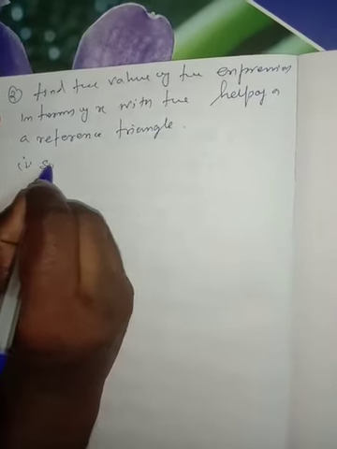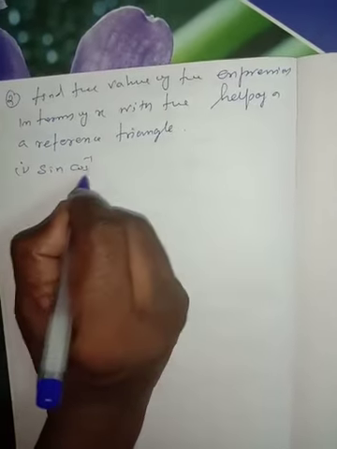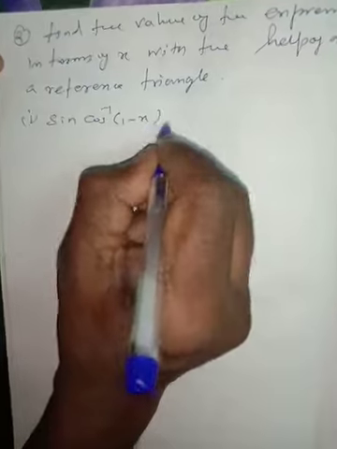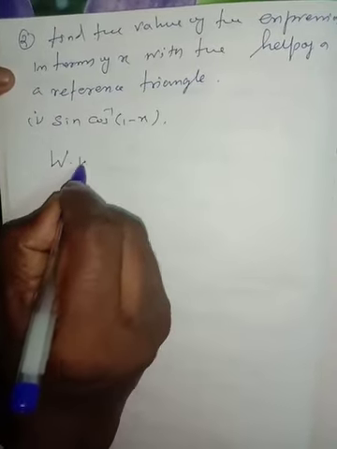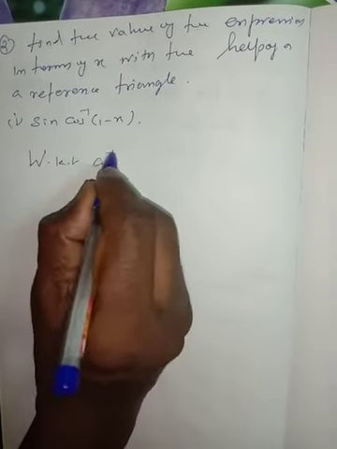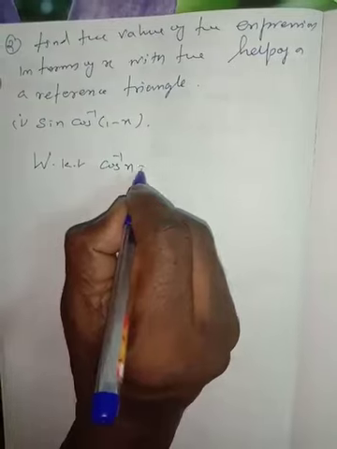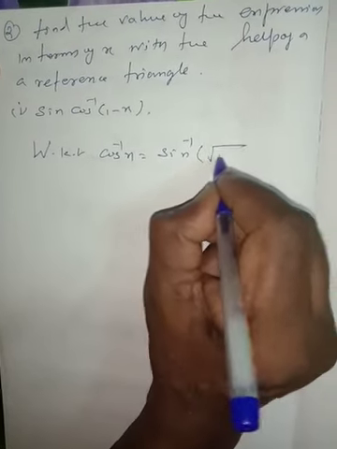sine of cos inverse of 1 minus x. We know that cos inverse of x is equal to sine inverse of square root of 1 minus x square.